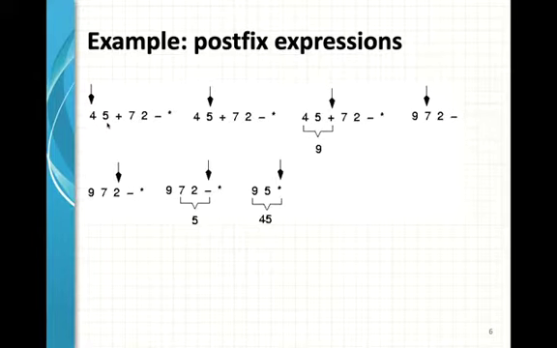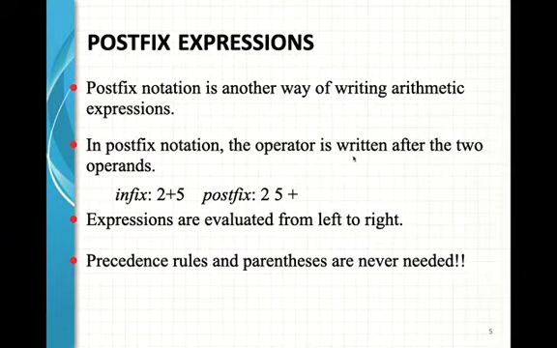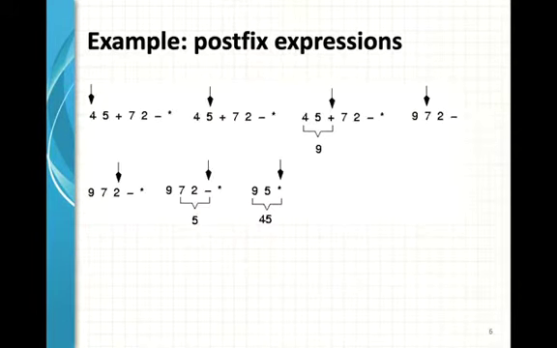Now during the evaluation part, it is done like this. The arrow above is our pointer, that is, the position where the pointer currently resides. Left to right scanning is done. In this slide we already said that expressions are evaluated from left to right, so we are going left to right.